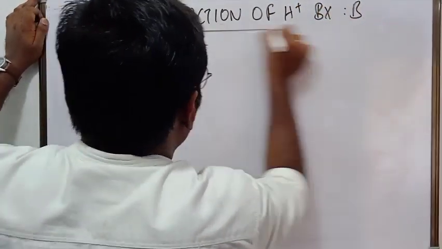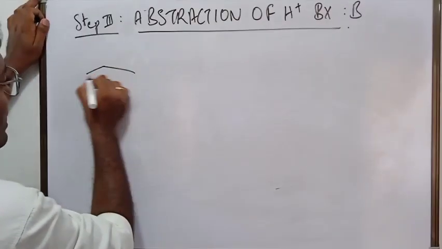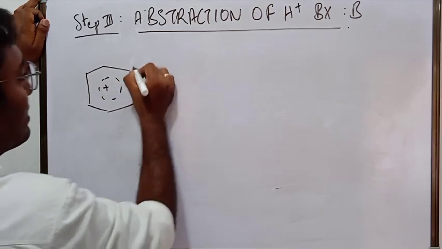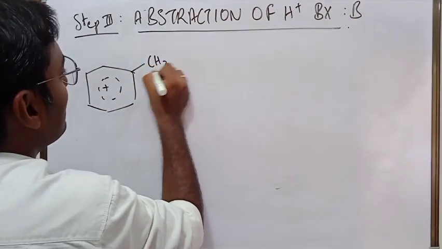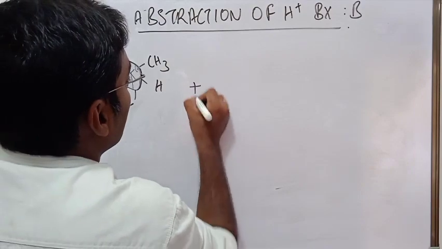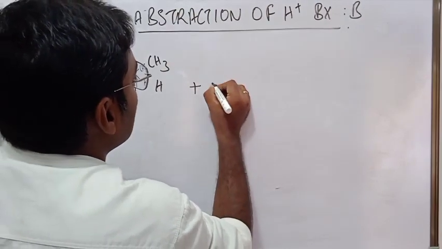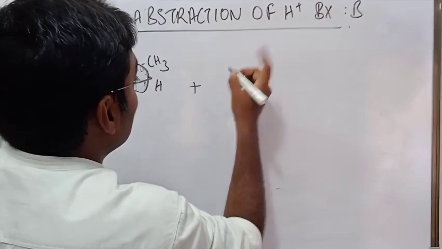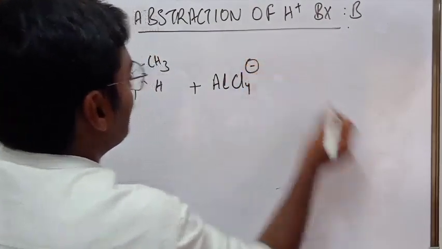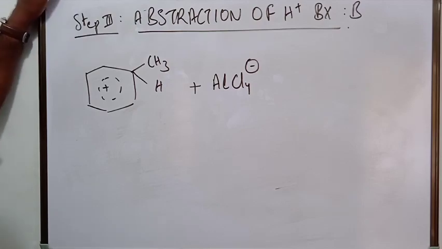Let's see. So what is our carbocation? Let's redraw our carbocation here. That is, the positive sign will come here, CH3, H, and what is the base? Yes. What was the conjugate base we used in step 1? Correct, AlCl4 minus.